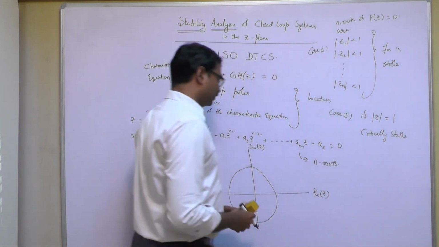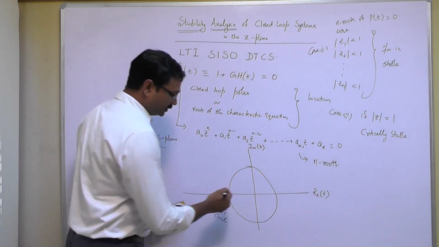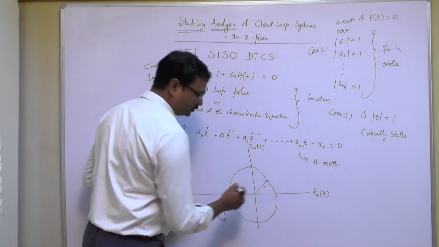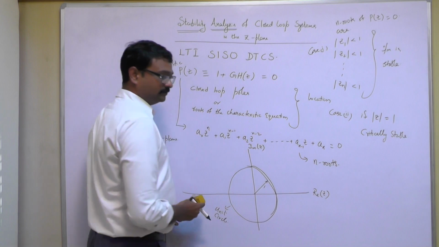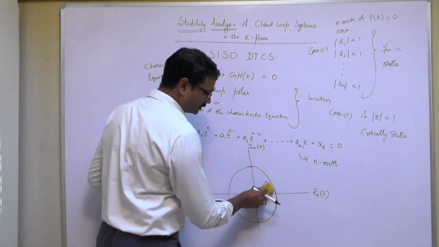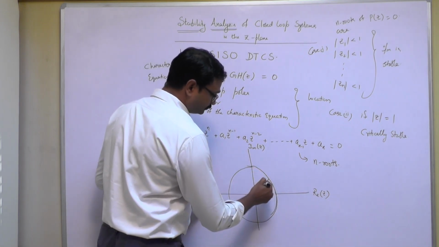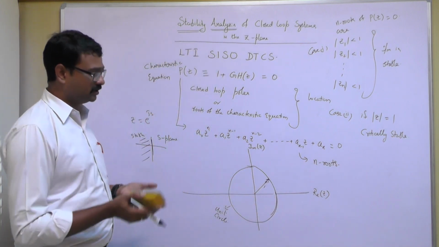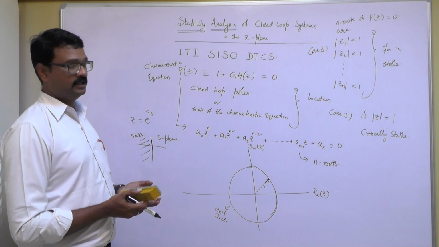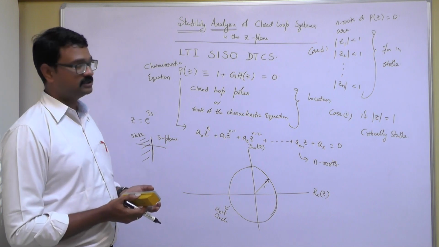What is the meaning of mod Z equal to 1? The pole is lying on the unit circle. Any pole lying on the unit circle gives us a critically stable system.